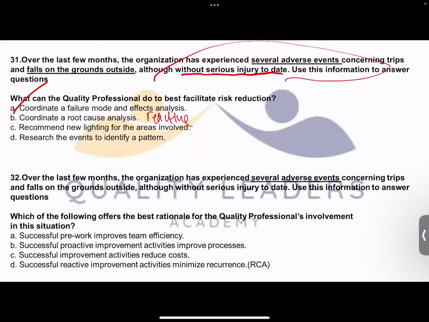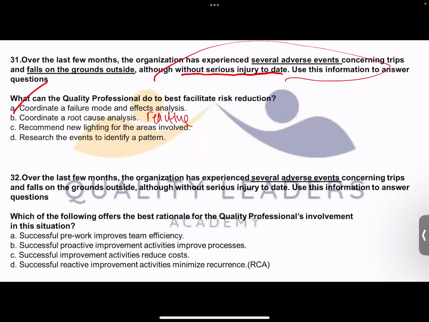And thus, a proactive approach is more preferred than letter B. If a serious injury occurred, that could be a sentinel event. Yes. So then the sentinel event RCA is mandatory there. But here, several adverse events, which may or may not be a sentinel event, how can we differentiate between a sentinel event and an adverse event here?